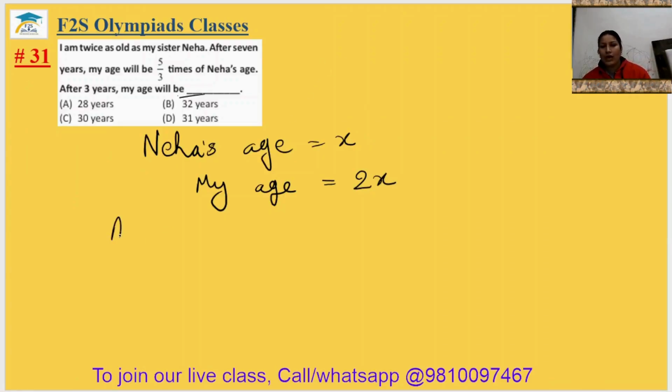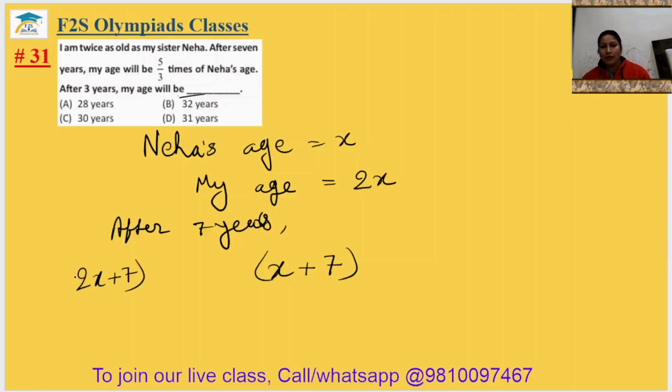But after 7 years, Neha's age should be x plus 7 and my age should be 2x plus 7. But as per the question, it is saying my age is 5 by 3 times of Neha's age.